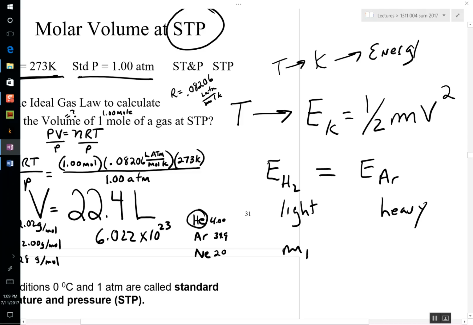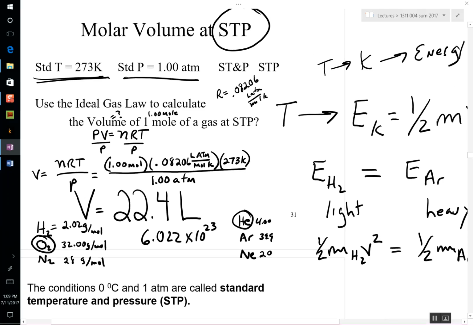The mass of the hydrogen times the velocity of the hydrogen squared is going to equal 1/2 the mass of the argon times the velocity of the argon squared. V here is not volume, it's velocity. Which one must be faster? Hydrogen. Hydrogen weighs less, so it's moving faster. The argon is heavier, almost 40 grams, so it's almost 20 times heavier than the hydrogen. It's moving a lot slower.